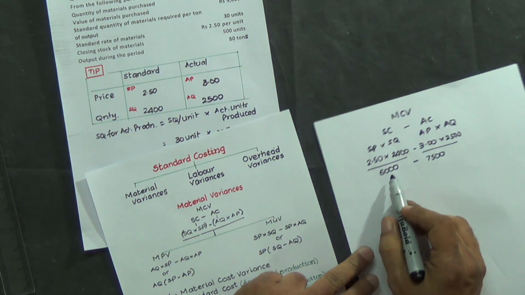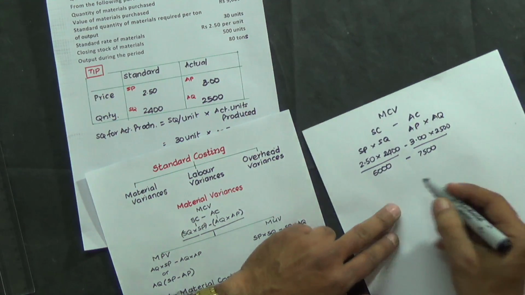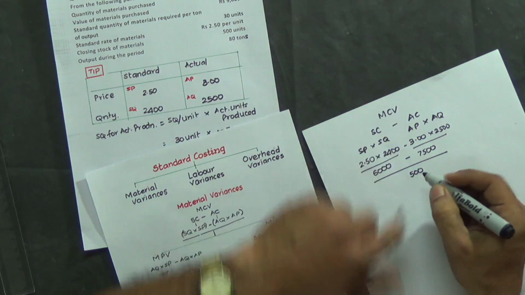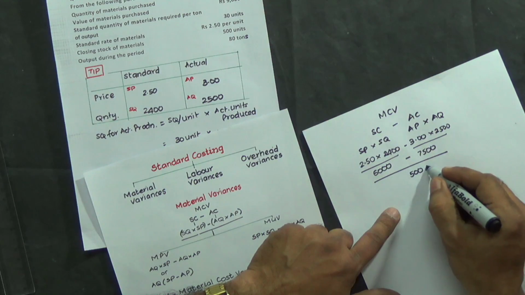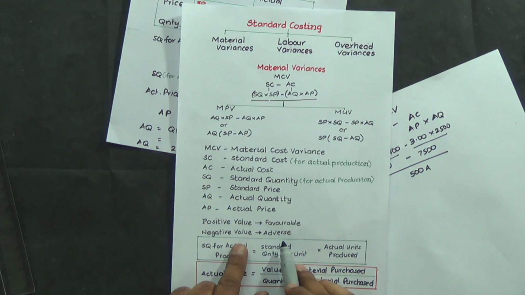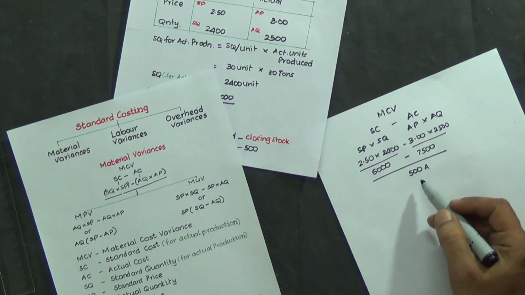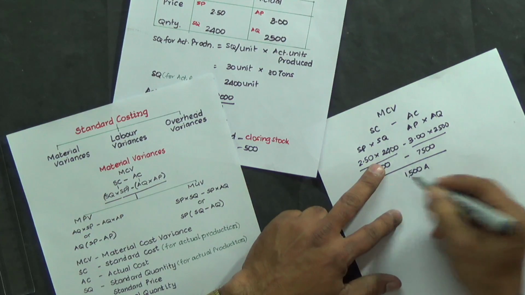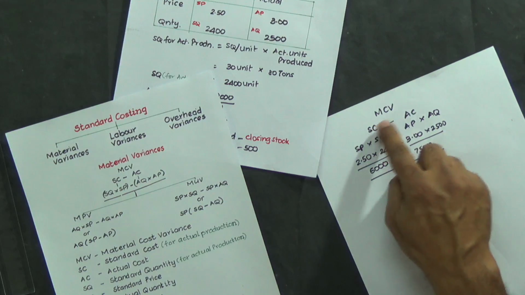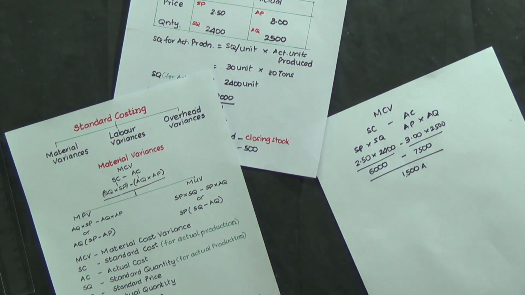So 6000 minus 7500 is going to give us a negative. It is called adverse. We said if there's a negative value, we are going to use adverse. So material cost variance is 1500 adverse.